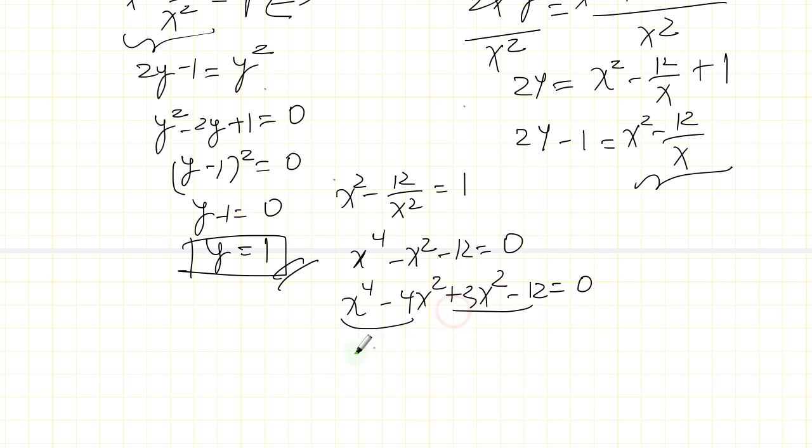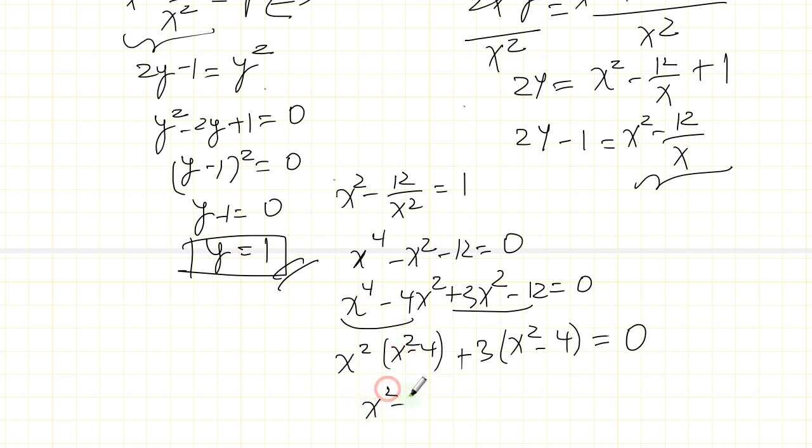Factor this and this, so we're going to have x squared times (x squared minus 4), and here we're going to have plus 3 multiplying (x squared minus 4) equals 0. So we're going to have x squared minus 4 here, which is going to multiply x squared plus 3 equals 0.